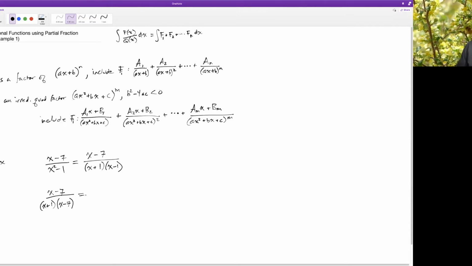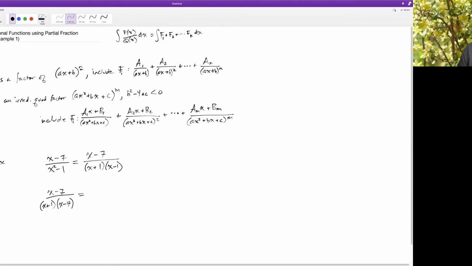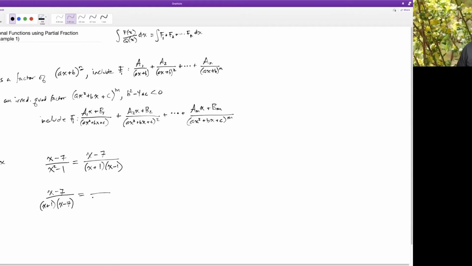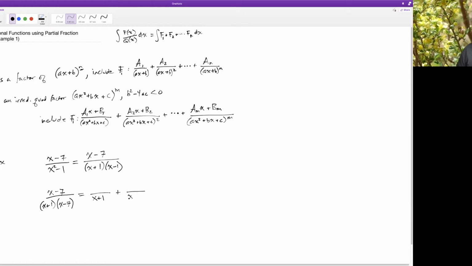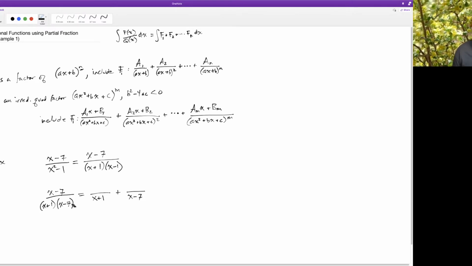Well, both of these are only linear factors anyways, right? In other words, this n is 1 for each of these. So what that means is I need to include a fraction with an x plus 1, and I need to include a fraction with an x minus 1, right? Oops, that's not 7, that should be a 1, pardon me.